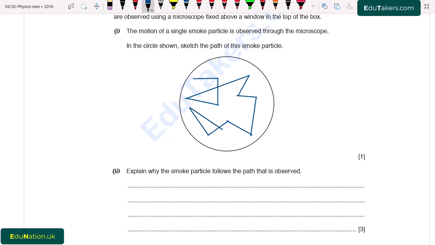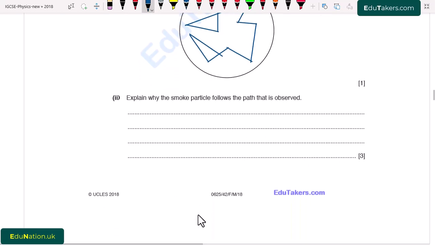Part 2. Explain why the smoke particles follow the path that is observed. Because the air molecules move in random directions and they collide with the smoke particles, and these collisions cause a change in their direction. That's why they undergo Brownian motion.